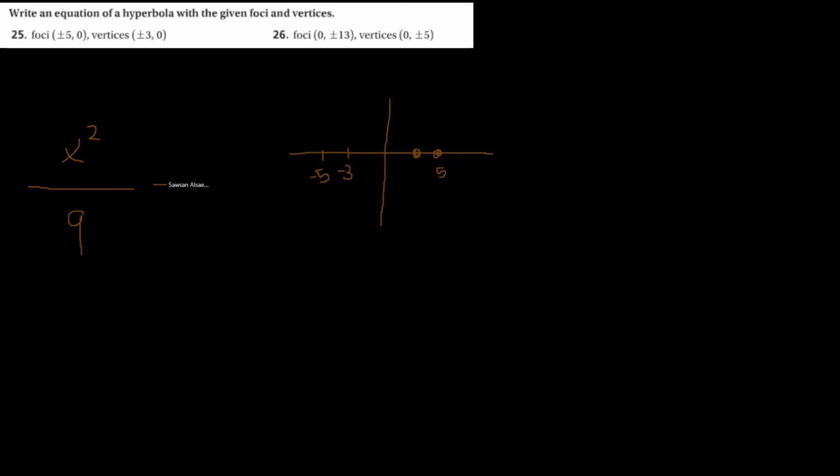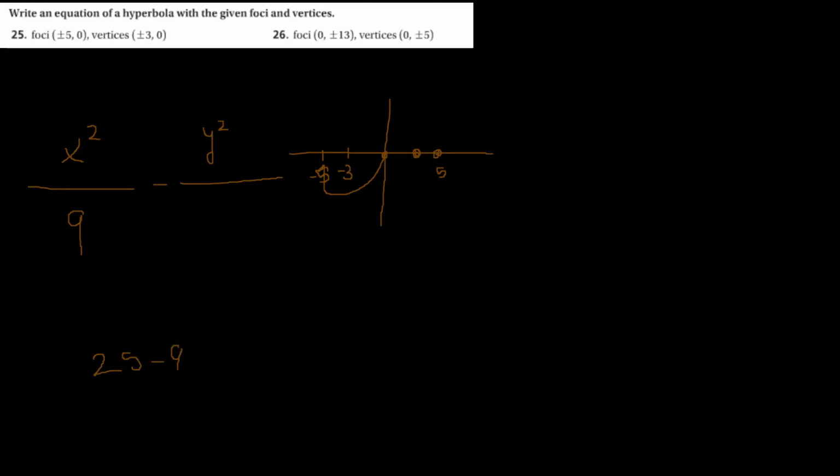Minus y squared, and then we need to find b from the Pythagorean theorem where we know both a and c. c is the distance from the center over here to one of the foci, so it's 5. So it's going to be the square root of 25 minus 9, which is the square root of 16, which is 4.